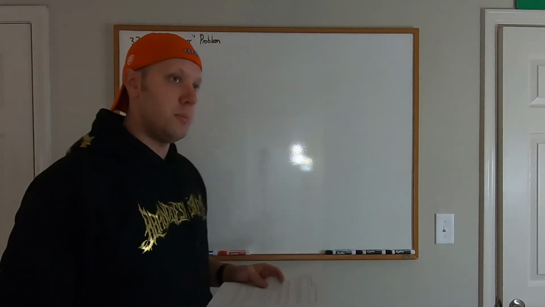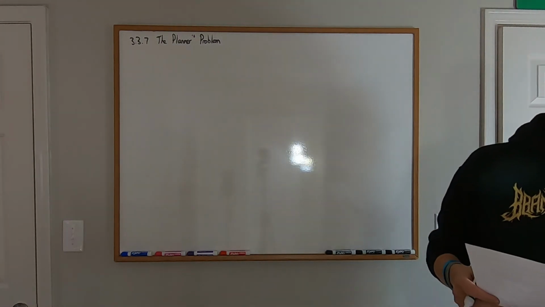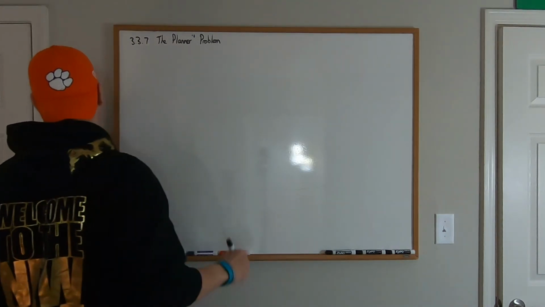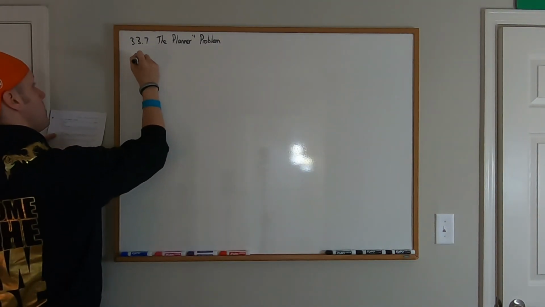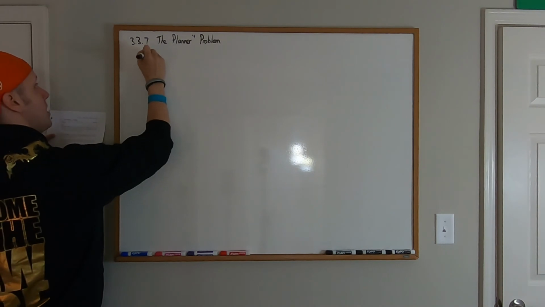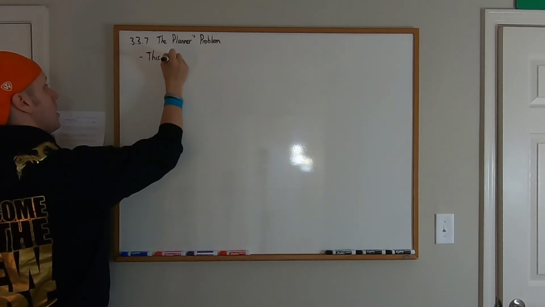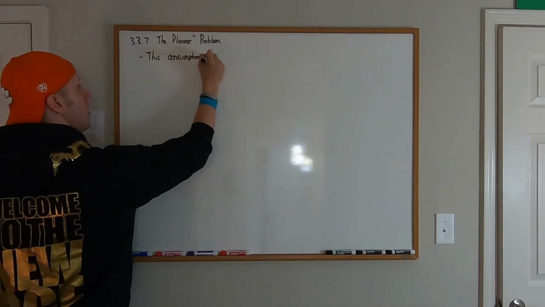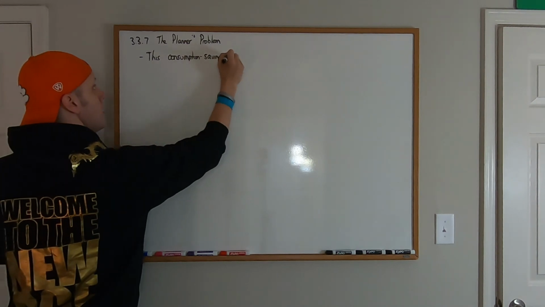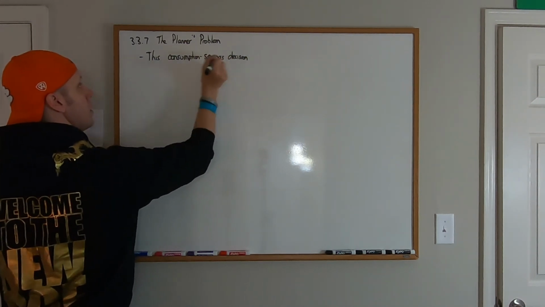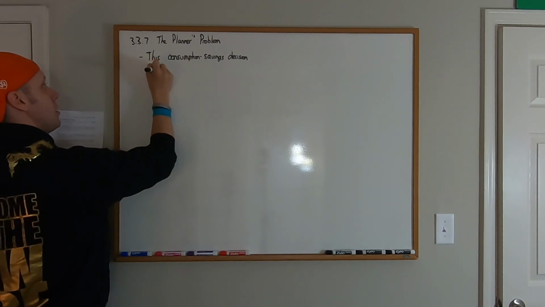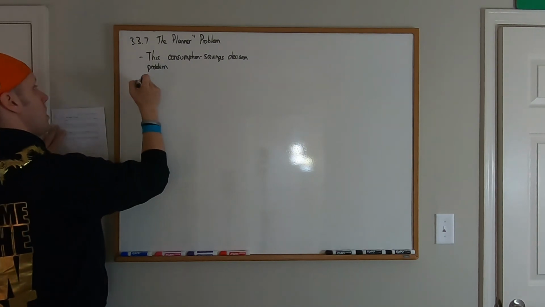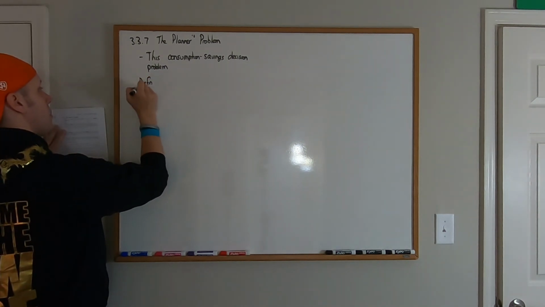So we're going to talk about what's known as the planner's problem. What's the planner's problem? Well, what we have here is a consumption savings decision problem. And what's the definition of a planning problem, though?